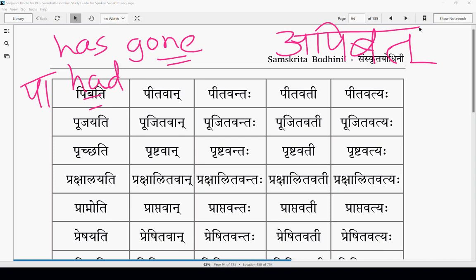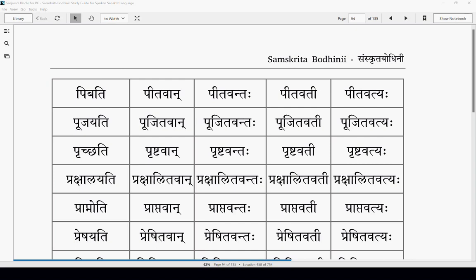Similarly, we can use "drunk boy agamishyati," which is future tense. The agamana kriya will be happening in the future, say in December 22.